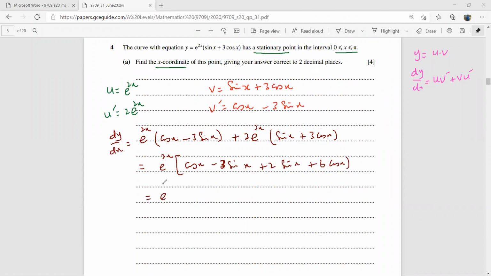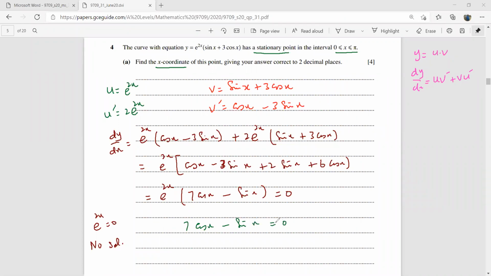So this is e raised to power 2x into 7 cos x minus sin x, and that is equal to 0 because we have to deal with the stationary point. So one thing I get, e raised to power 2x equal to 0, I'll get no value from here. There is no solution for this. And secondly, I put this 7 cos x minus sin x equal to 0.